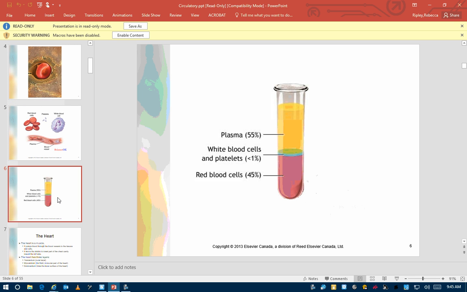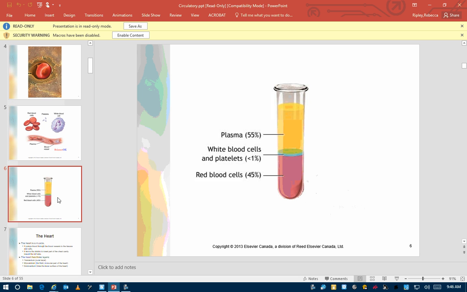Like they do on CSI, in the machine, they spin it. Is that what they shake it up with? Yes. When they draw blood into the tube, some tubes have different chemicals inside of them.